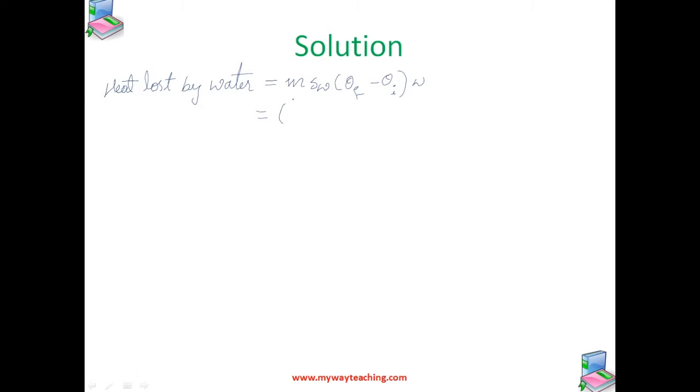They have given the value of mass 0.30, specific heat is 4186, and the value we get is 54,376.14 joules.